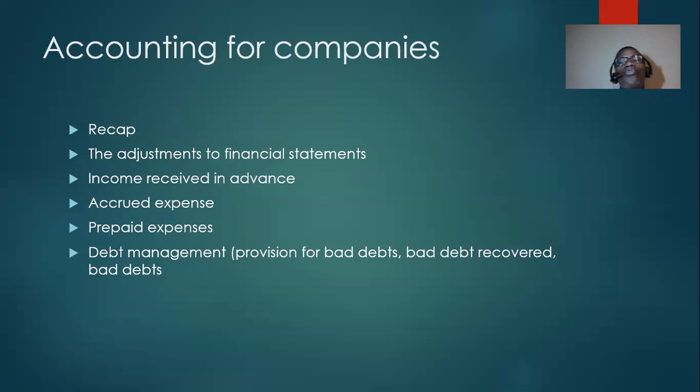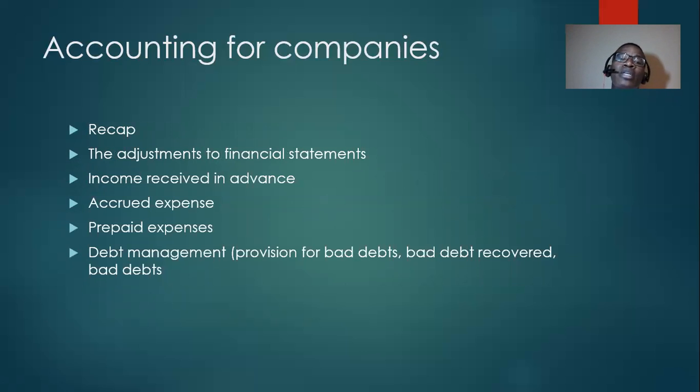Right? So we are recapping. In this lecture, we've covered adjustments to financial statements and why the adjustments are there. They are there to ensure that your financial statements are accurate, free from error, and don't present incorrect information, right?